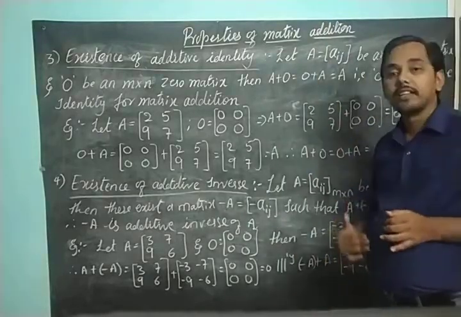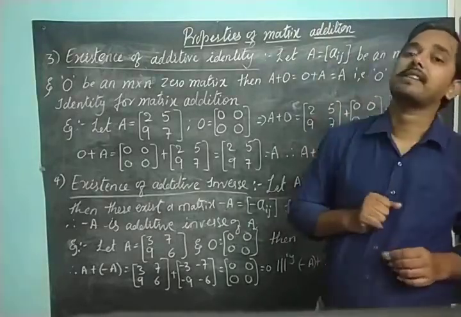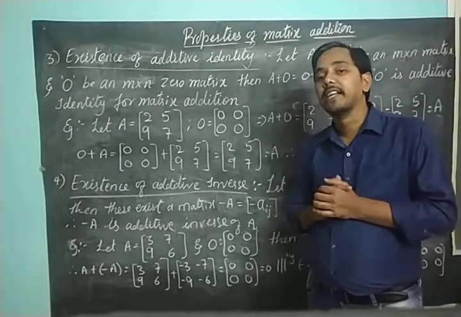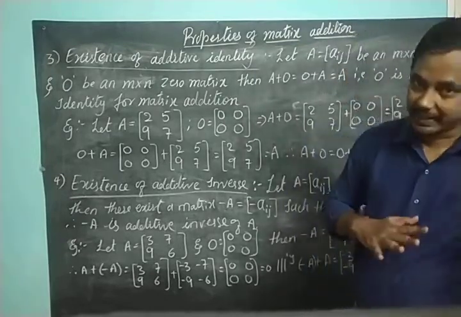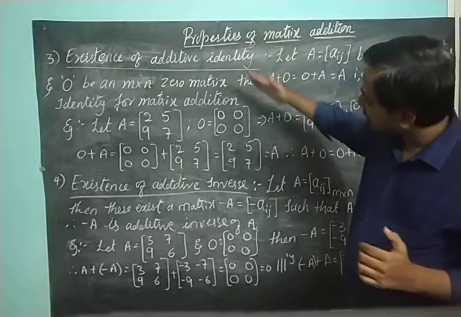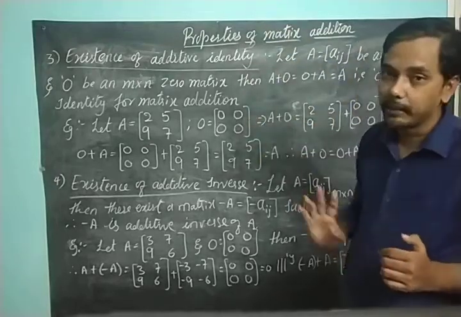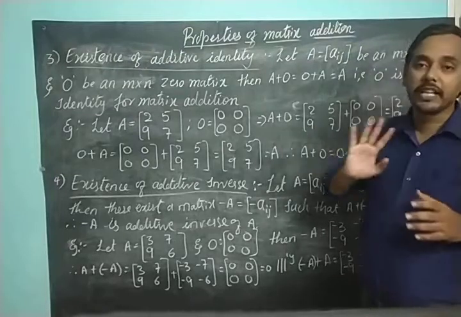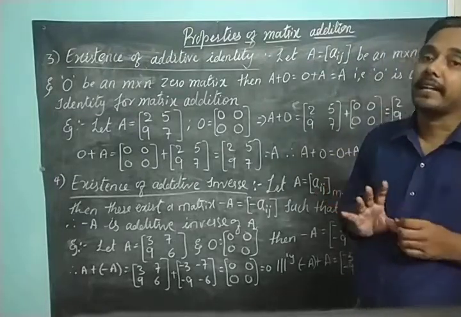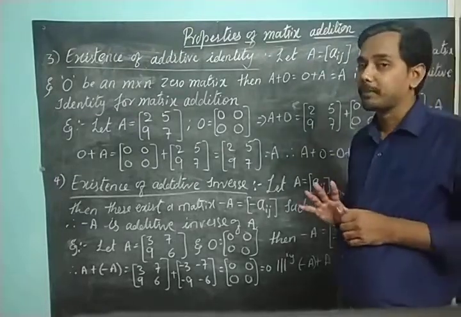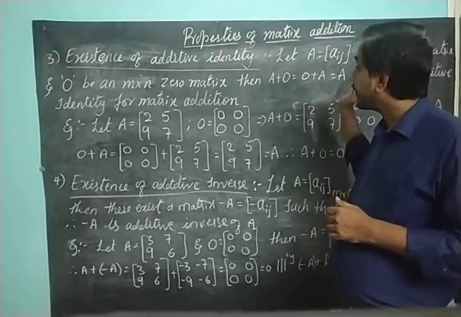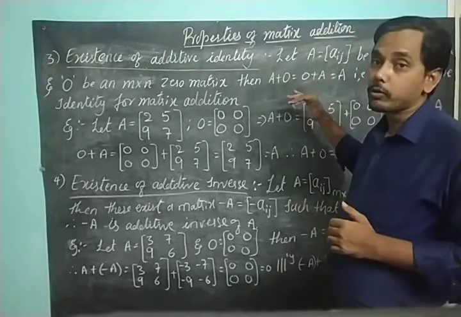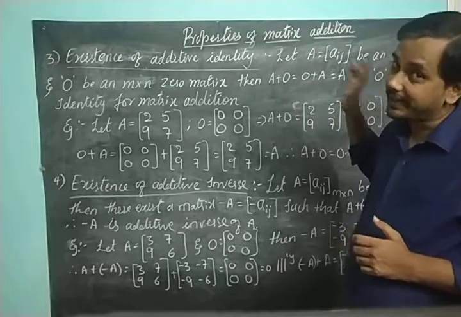When we were listing out the types of matrices, we came across the identity matrix or unit matrix, where all principal diagonal elements were 1 and the remaining elements were 0. That is the identity matrix for the multiplication process. But for the addition process we also have an identity matrix, which is different.